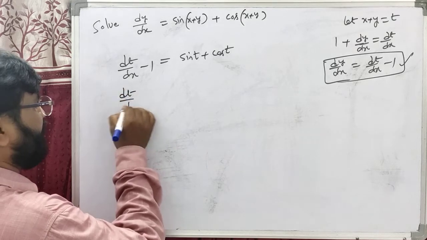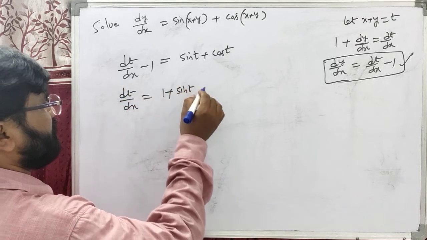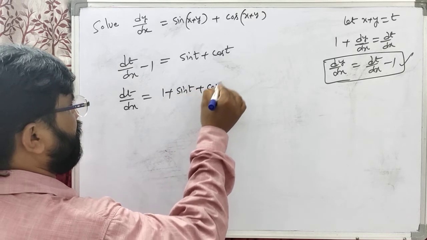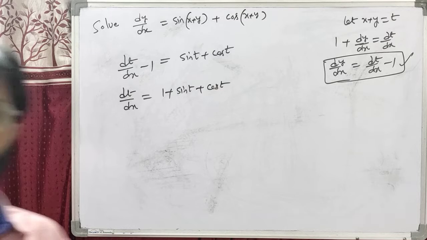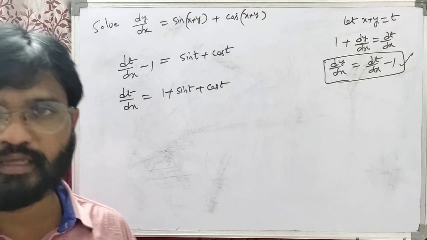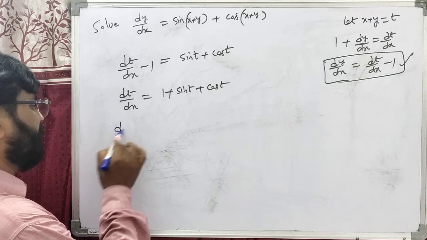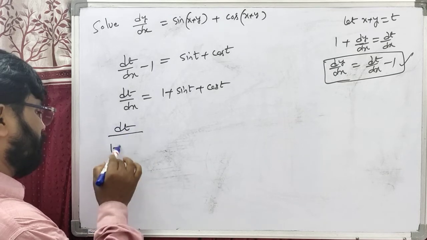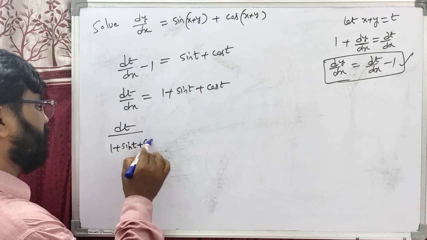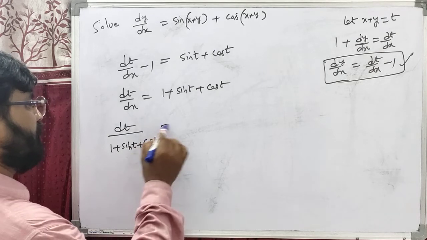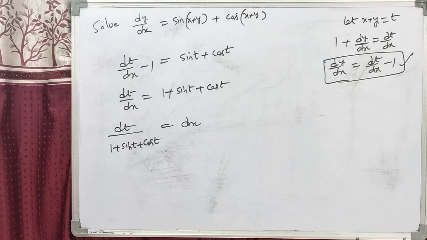Therefore, students, dt by dx equal to 1 plus sin t plus cos t. Now we can apply the variable separable method. We can write dt by 1 plus sin t plus cos t equal to dx.